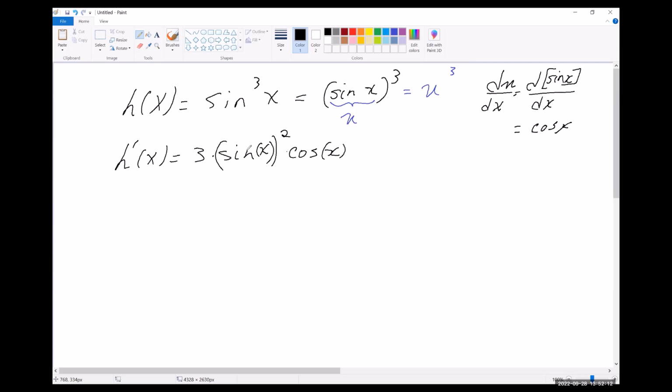Those parentheses aren't necessary. You might need to follow the conventional notation, which puts the 2 in the middle. So that's how you would do that problem.